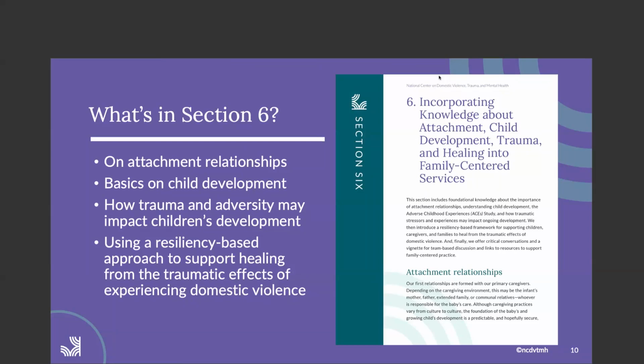We also heard over the years and from the implementation sites that we worked with that advocates working with adult survivors who are parenting don't always feel like they have the information at their fingertips on what to expect at various ages and stages in a child's ongoing development.